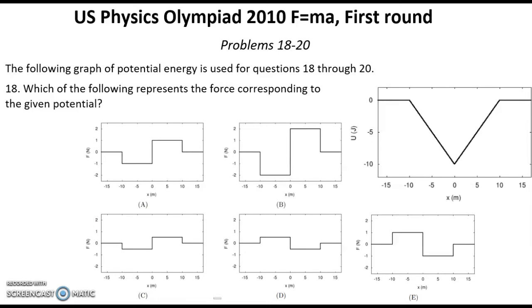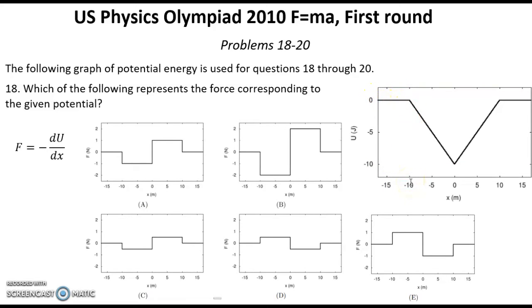We know that force equals this expression, negative delta U over delta X. And now let's see what we have on this graph. From the left to negative 10 we have force equals 0.